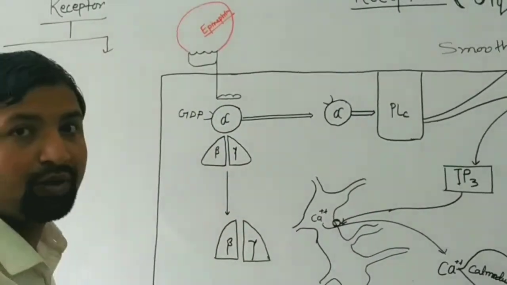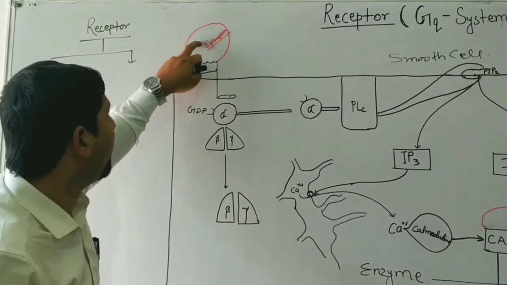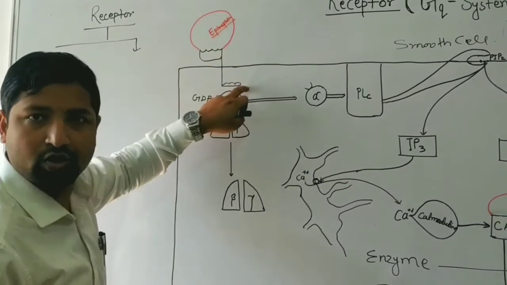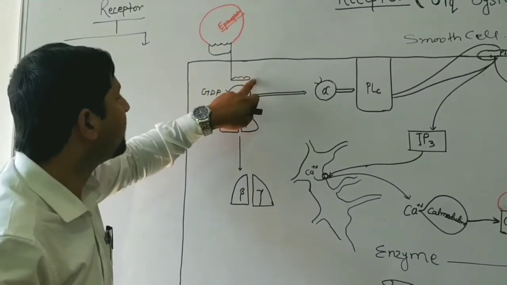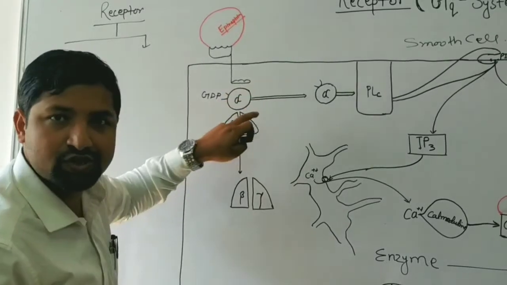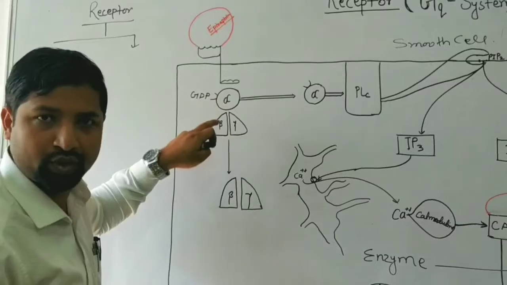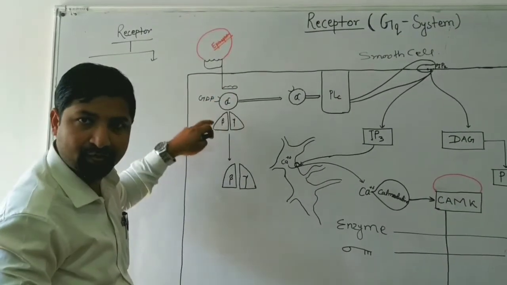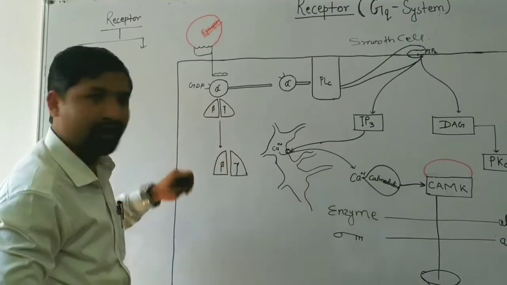Now what will this drug do? After binding to this receptor, it will stimulate the effector binding domain site, as I said in previous videos. After stimulation of this effector binding domain, it will stimulate the trimeric protein known as G protein. Previously I talked about the G protein being a trimeric protein containing alpha, beta and gamma.